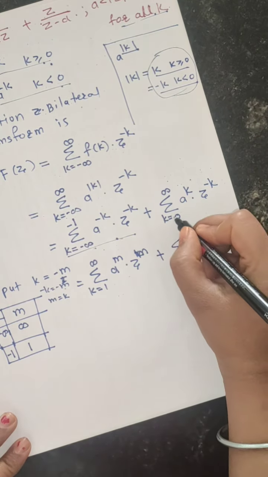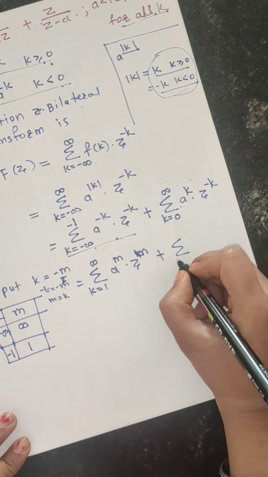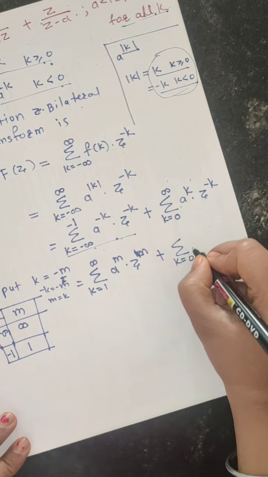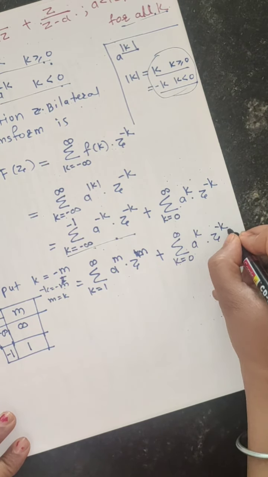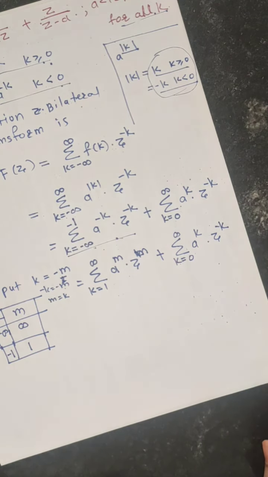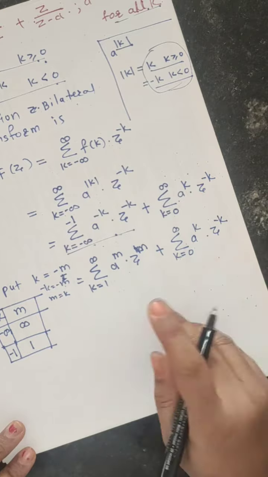In the next part, this sequence is already positive, so write it the same: a raised to k into z raised to minus k. Now solve these two sequences.